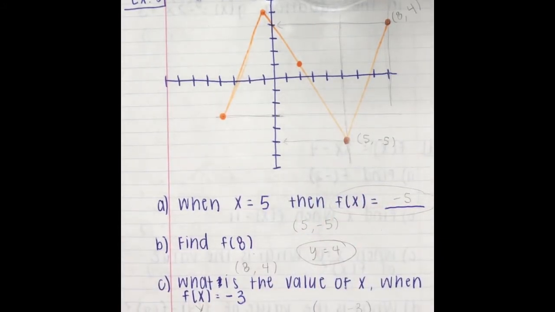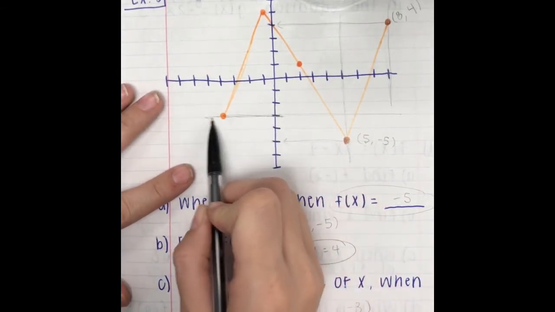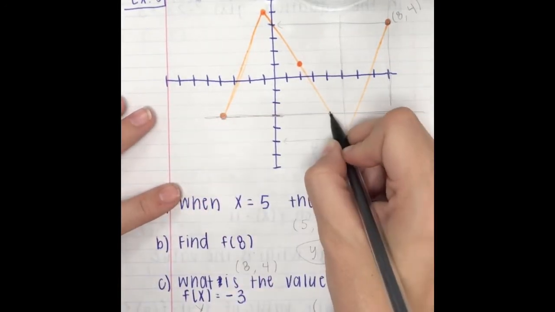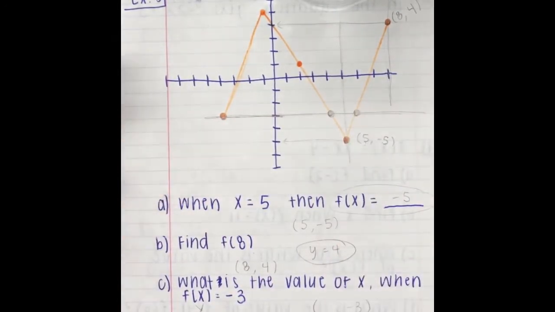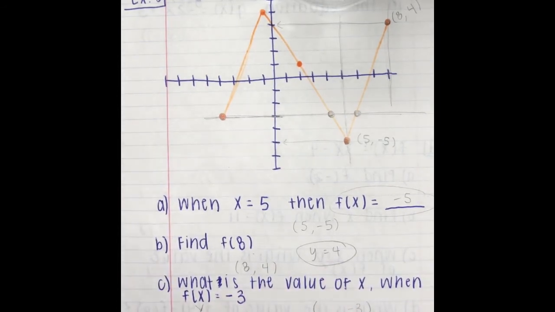If you notice, you actually have 3 points. When I went down to -3 and I drew my line across, it touched my graph here, here, and here. So when y equals -3, x actually equals 3 different numbers.